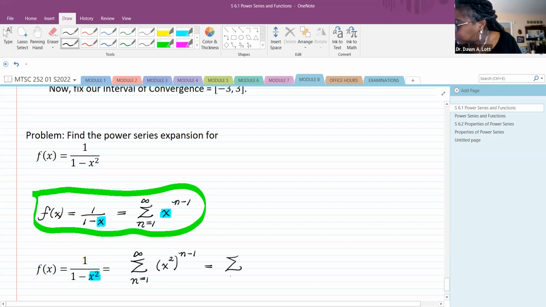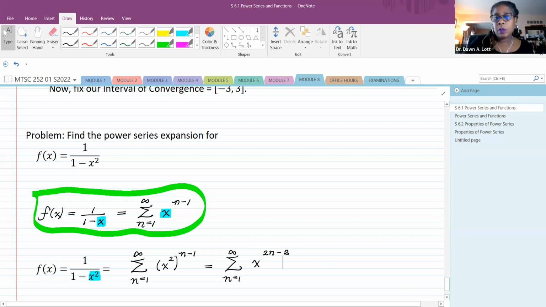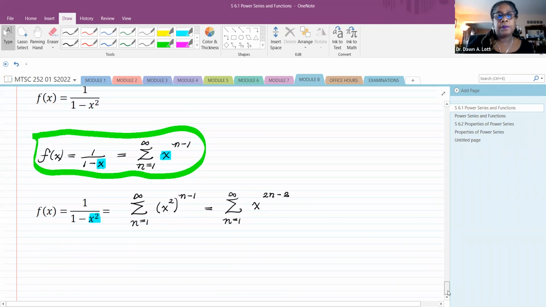So this is the sum from n equals 1 to infinity of x to the 2n minus 2. Any questions?